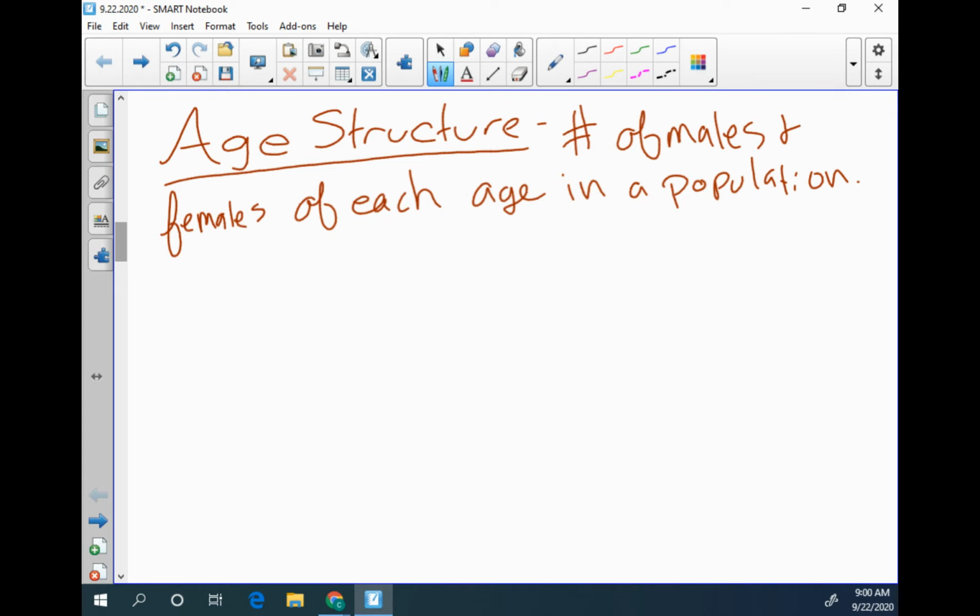This is important because it helps us make predictions about population growth. Because only organisms of a certain age can reproduce.